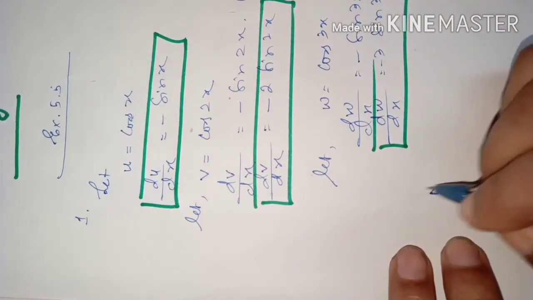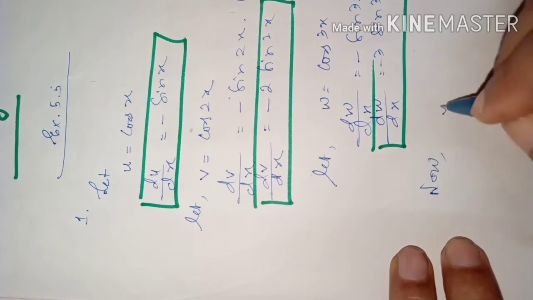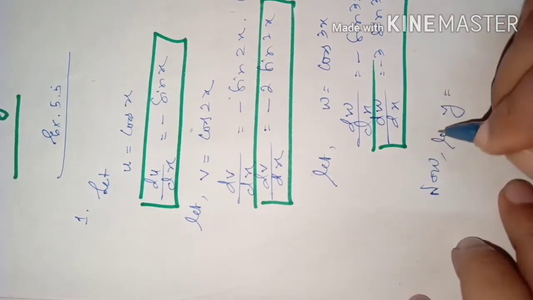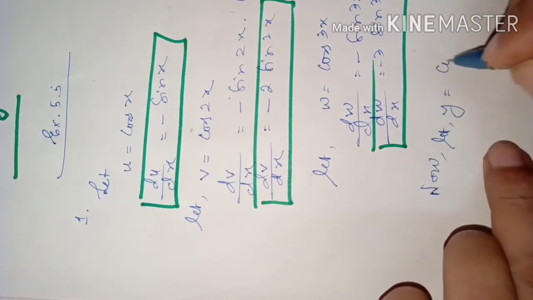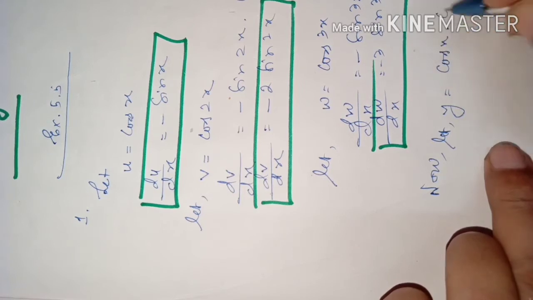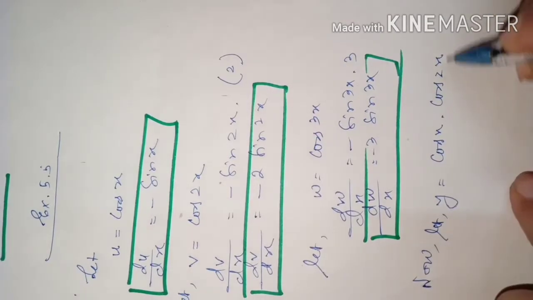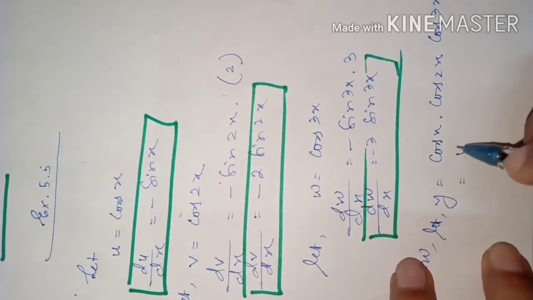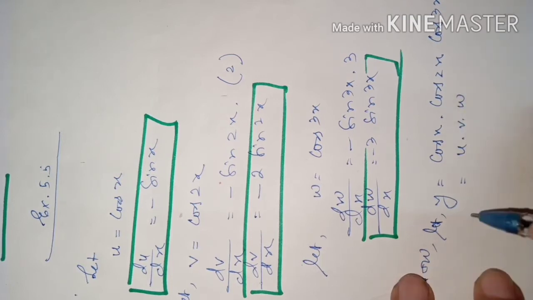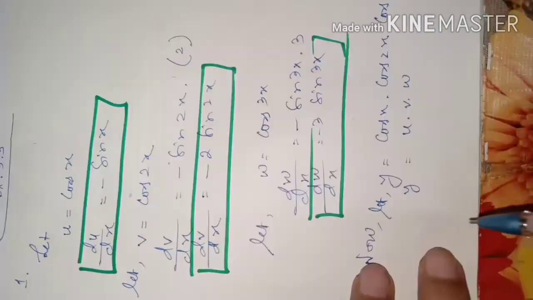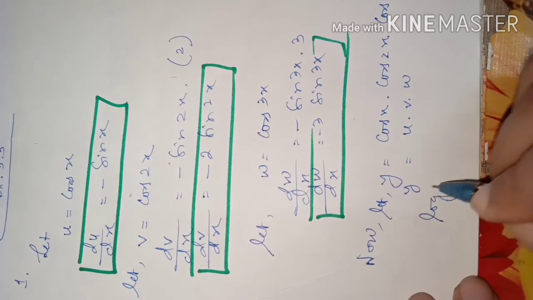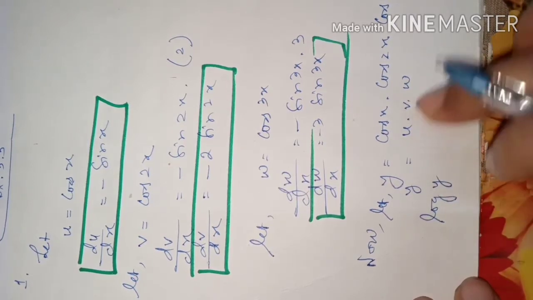Now I consider y to be equal to cos x into cos 2x into cos 3x, which is equal to u into v into w. So that is y. Now I apply log of y, since it is a product of three functions.